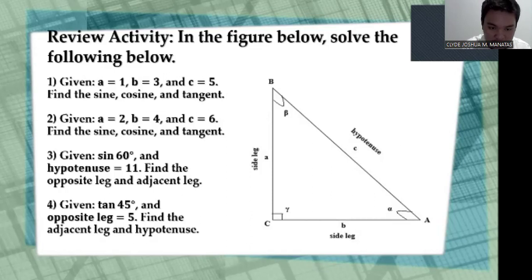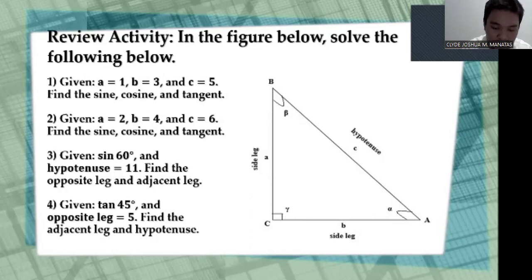Sine 60 degrees times 11 is equal to, okay, so the opposite leg is 11 times the square root of 3 all over 2. Now, what is the adjacent leg?